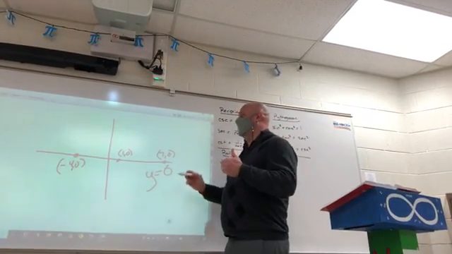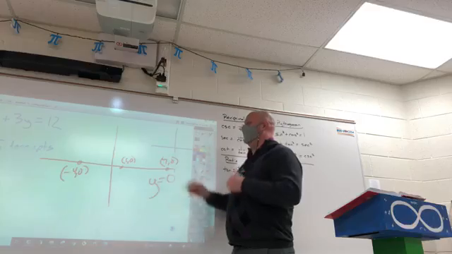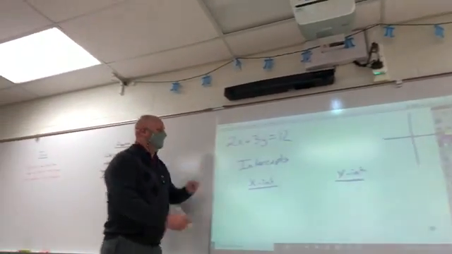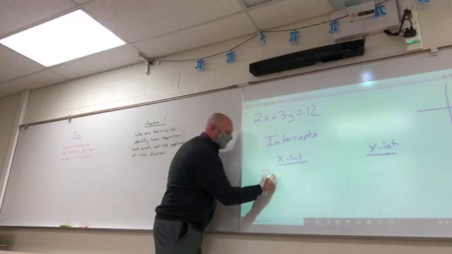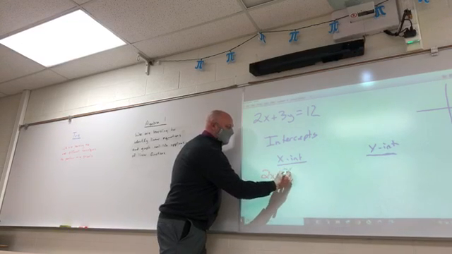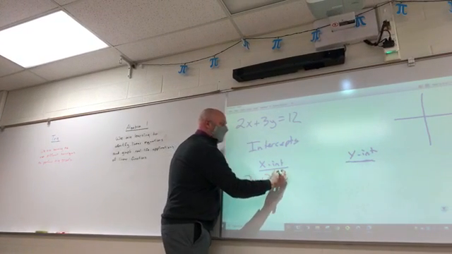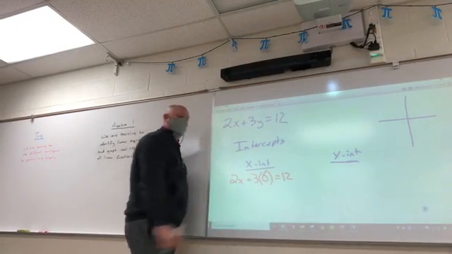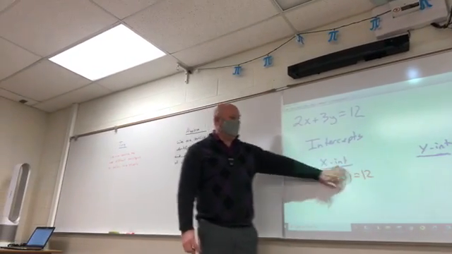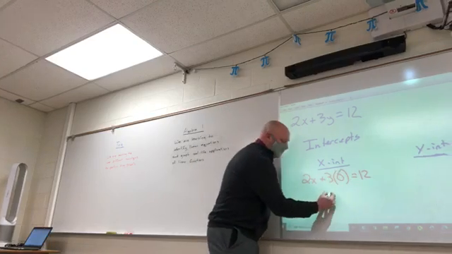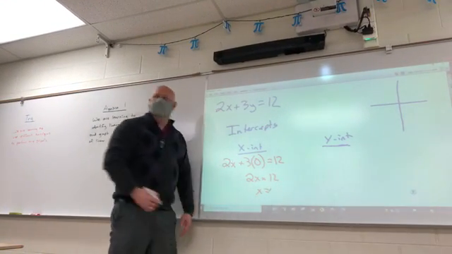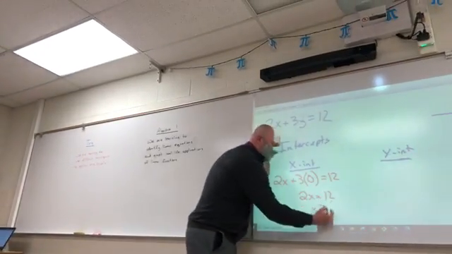So if I want to find the x-intercept, all I have to do is rewrite the equation, but instead of the y, what do you think we're going to plug in? You plug in a 0 for the y. So 3 times 0 goes away, and I get right away to 2x equals 12, so x is going to equal 6.